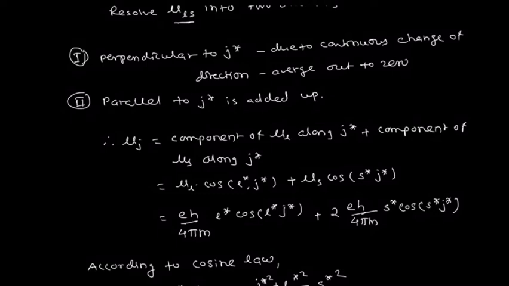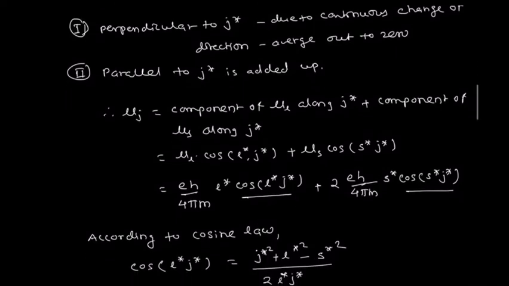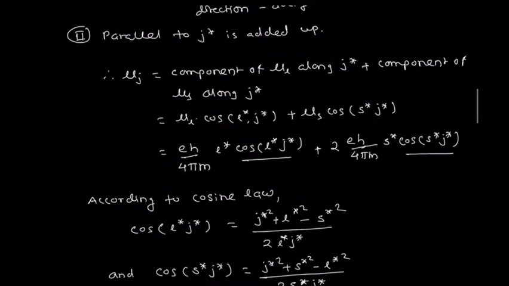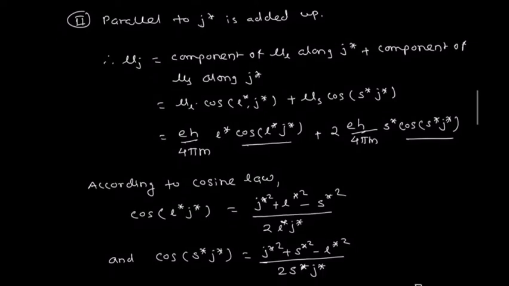Now we simplify. What is the value of cos L star J star and cos S star J star? These two terms we write by using the cosine law. Cos L star J star is equal to J star square plus L star square minus S star square divided by twice L star J star.